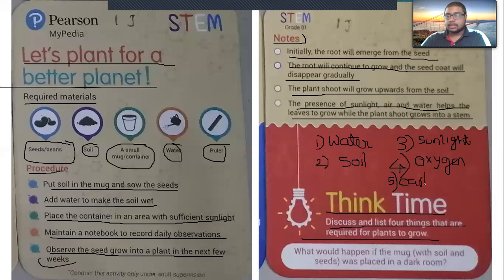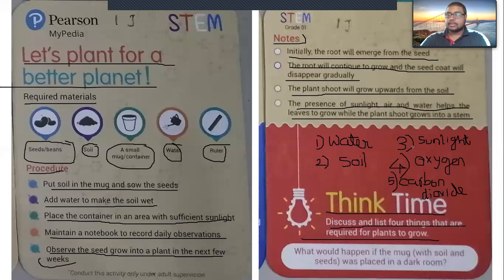What does it require? Carbon dioxide. So plants require water, soil, sunlight, oxygen, and carbon dioxide.